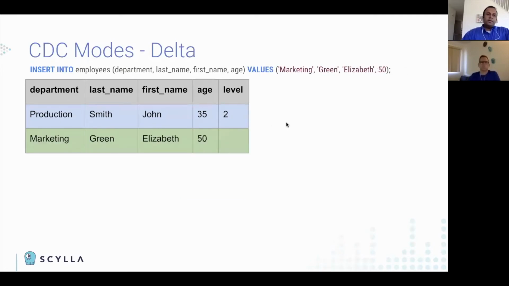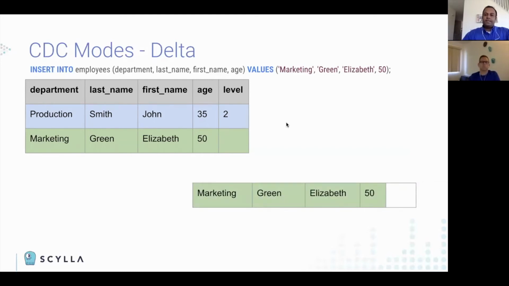And let's say now you insert another value, Elizabeth Green of age 50 from marketing. And then you're opting for delta, then you tend to see just the delta value here, which is emitted downstream, to whichever subscriber is subscribed to these changes.